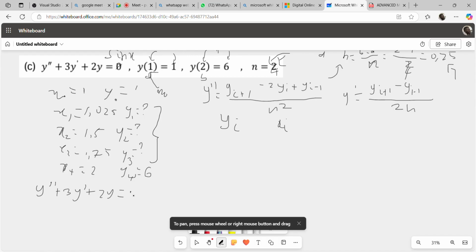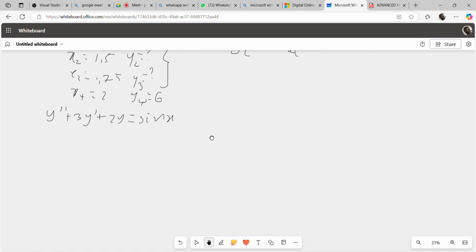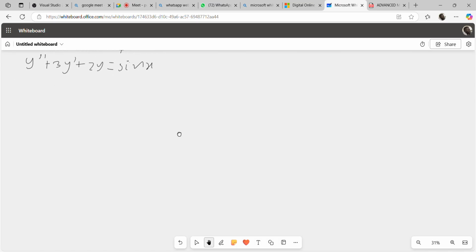To be equal to sine x. Now, this is what we are solving. So we're going to substitute the formula that we have inside here. We do have y second. I only copy my formula and paste.